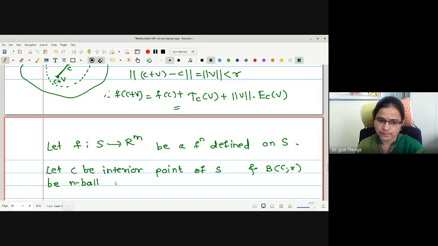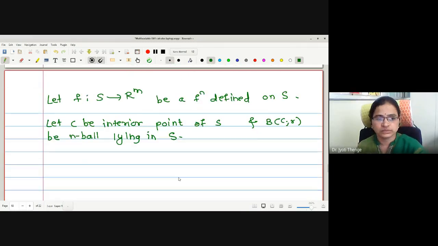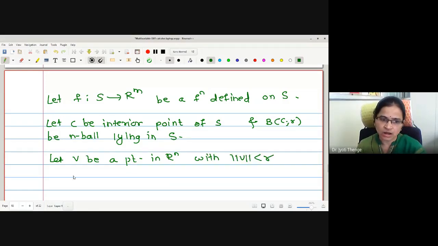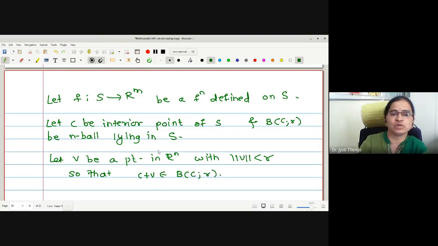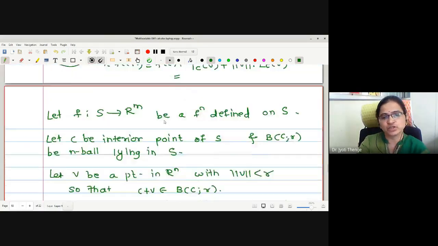What is an n-ball? This here is an n-ball lying in S. Yes, let V be a point in R^n with norm V less than R so that C plus V must belong to that n-ball. How it belongs to the n-ball I have shown you with the sketch also.